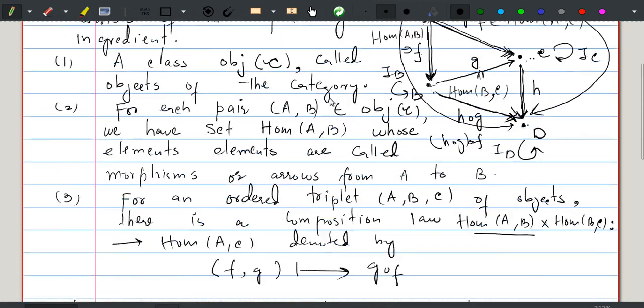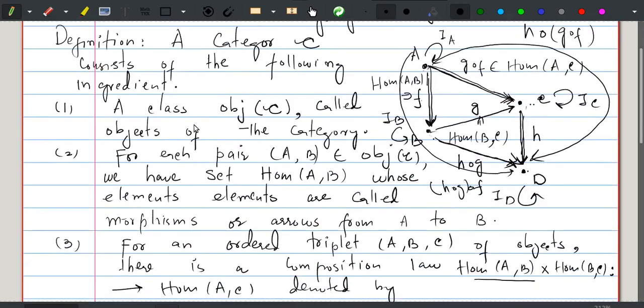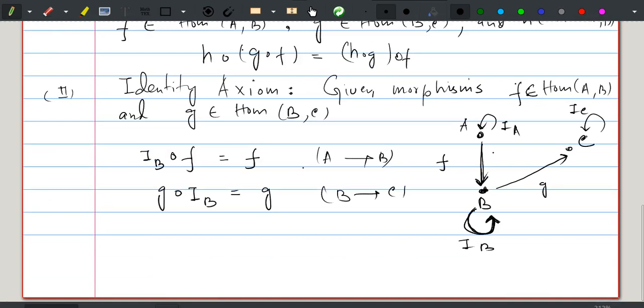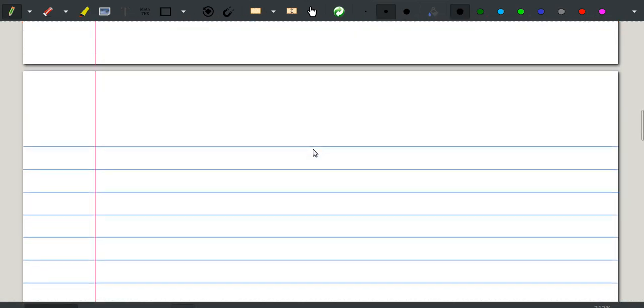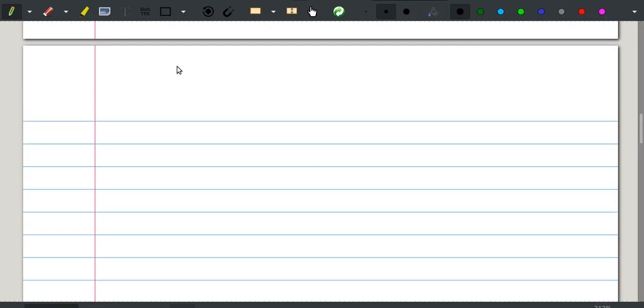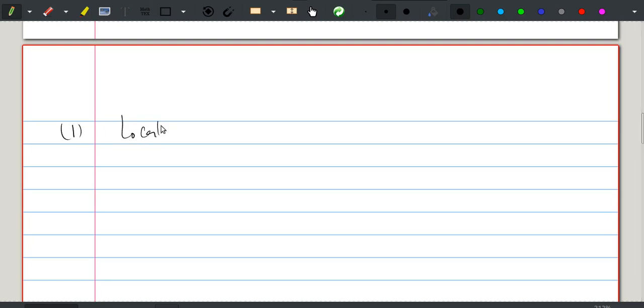Now one can note here, this is a class of objects, and here we take this set, but more generally this is a class as well. So if we make some little definitions here, first, that is called a locally small category.